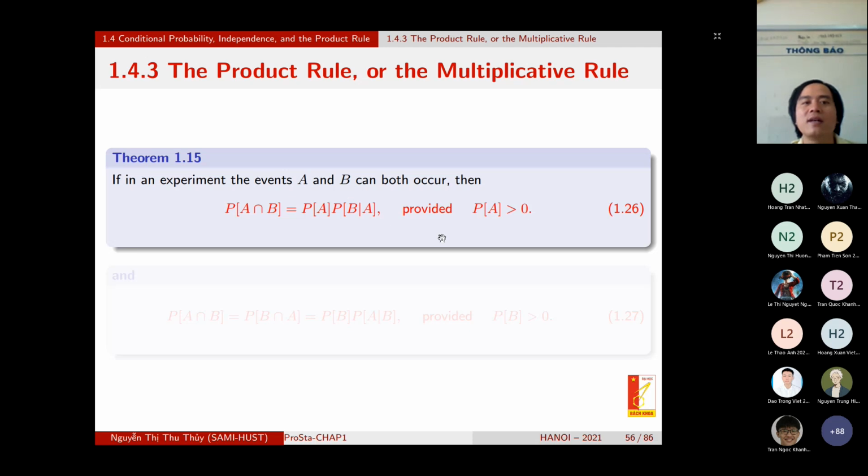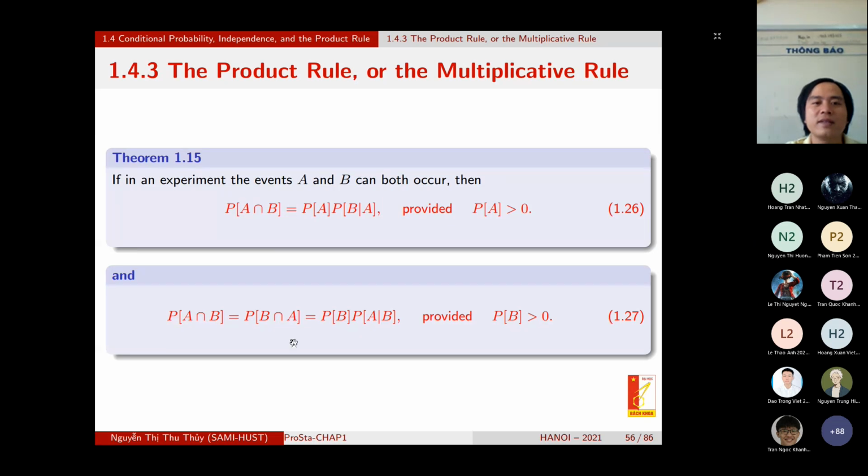Or you can compute it the other way, P(B) multiplied by P(A given B). So we have two ways to compute the probability of A intersection B.